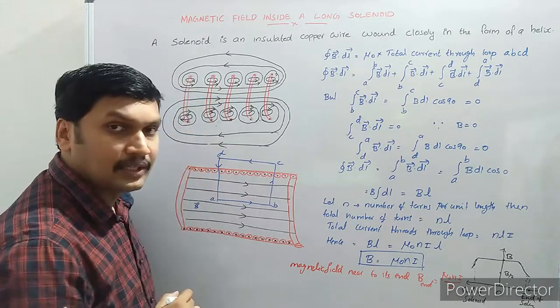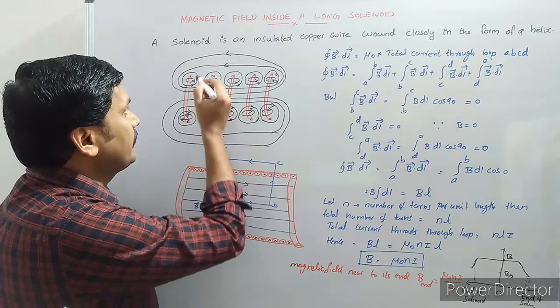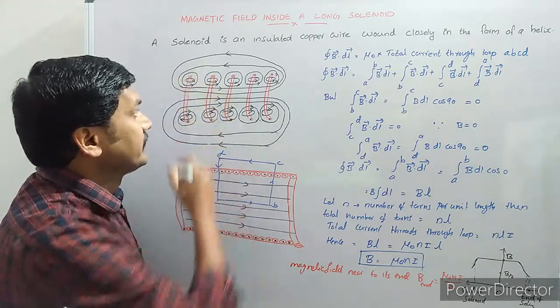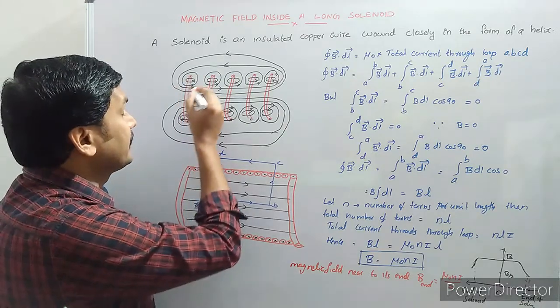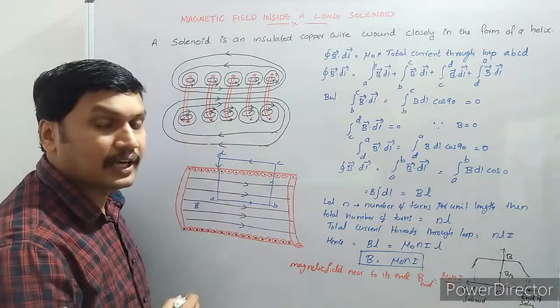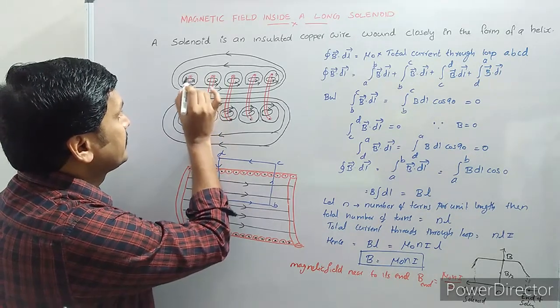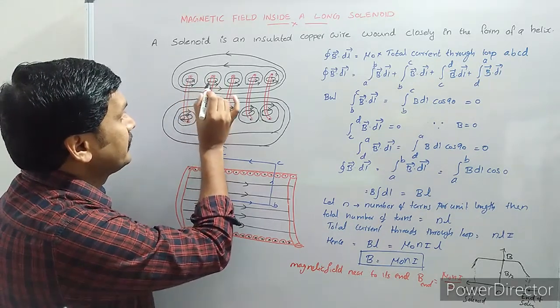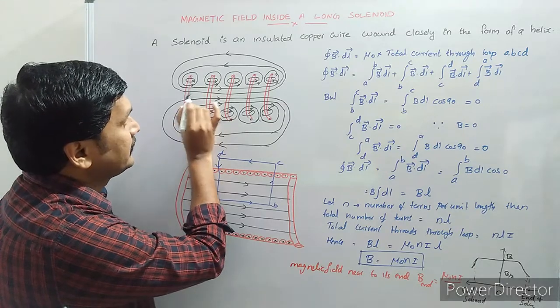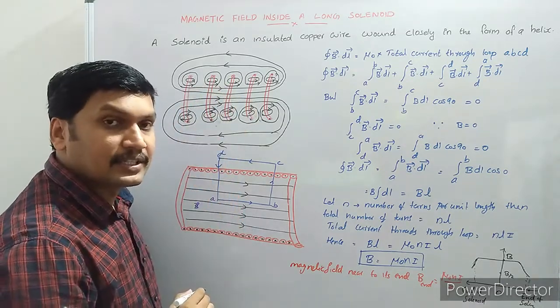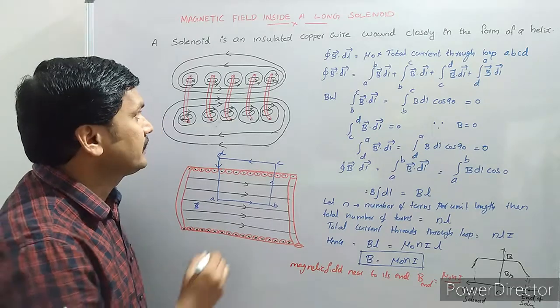When we move away from the conductor, the radius of that circle increases, that is, the magnetic field lines become larger and larger. You can see that concentric circles are shown here for the first turn, this for the second turn and third turn, like that. See the direction of this magnetic field.